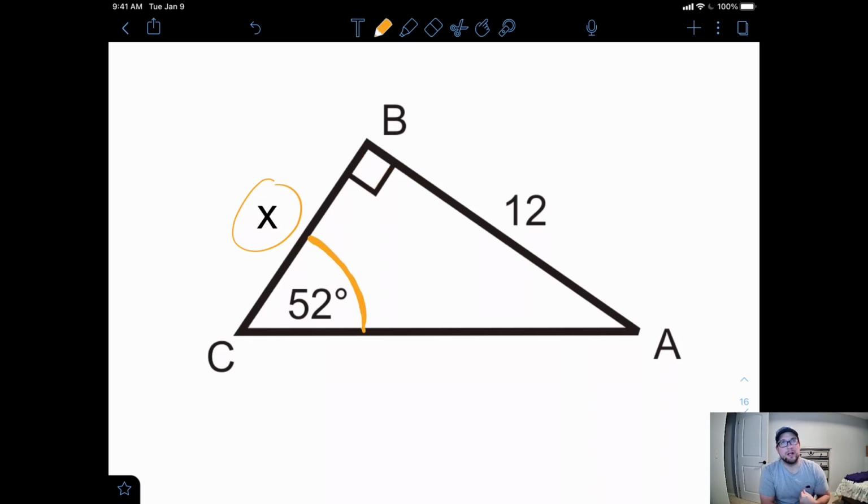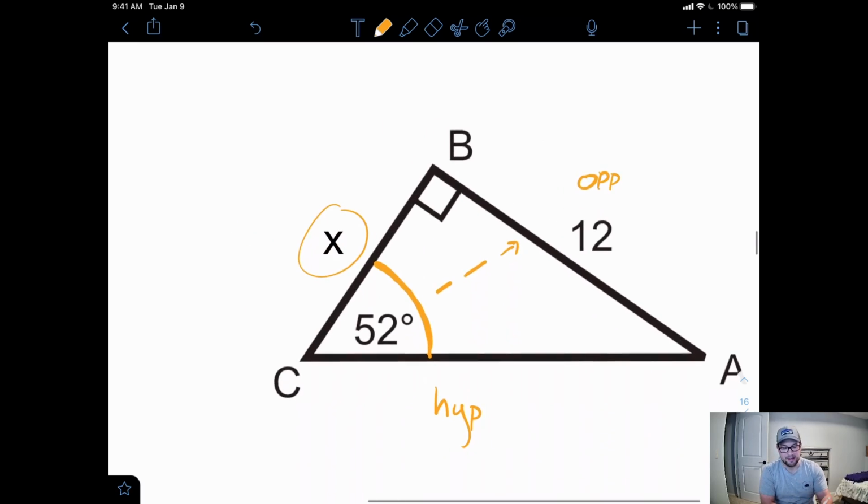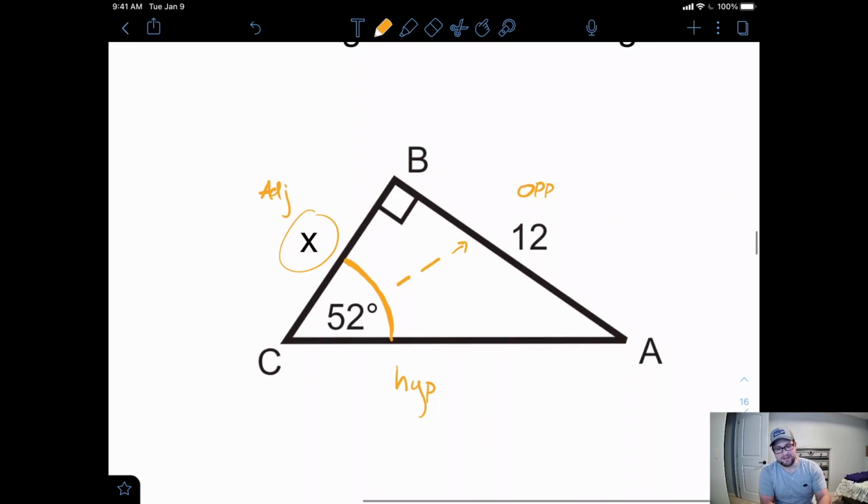Now, what you want to do at this point is identify the side right across from it as the opposite. Obviously, you want to identify where the hypotenuse is. That's the side across from the right angle, the longest side. And then whatever's left is your adjacent side. In this situation, I don't know anything about the hypotenuse, so it's not going to be helpful to me.